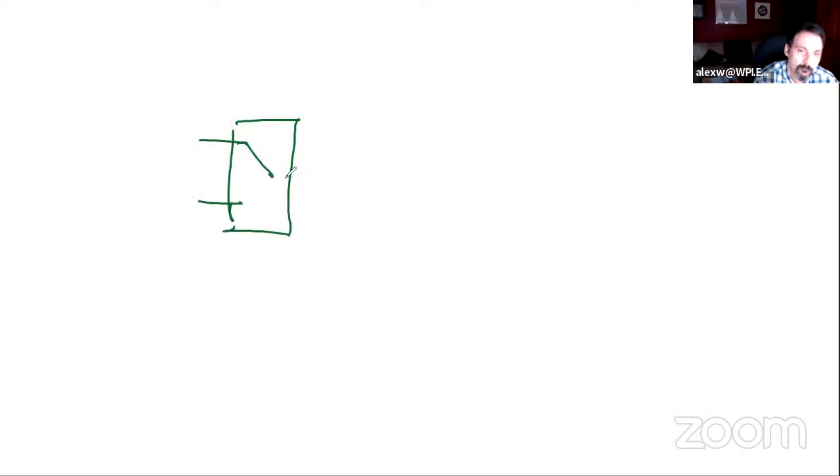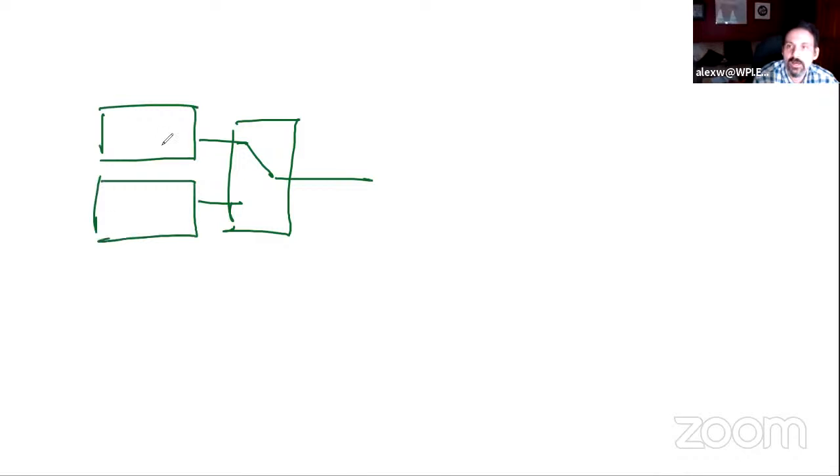You would have some sort of multiplexer, and you would basically have one of 2 oscillators, each one with a different frequency, right?